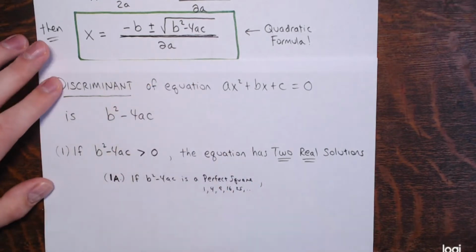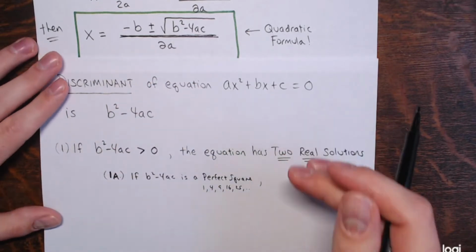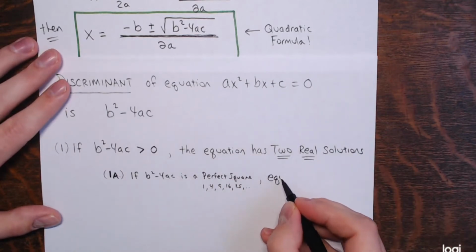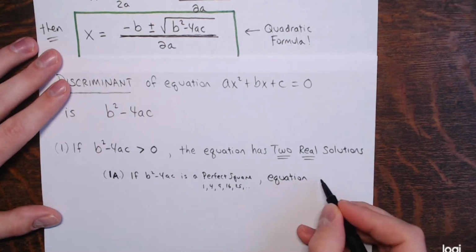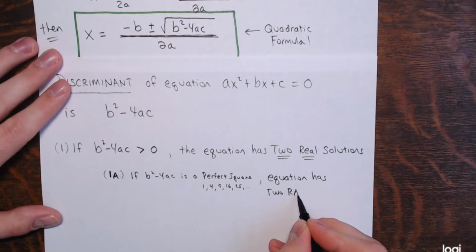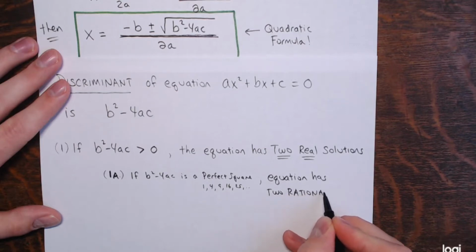You can express the solutions as an integer over an integer. Equation has two rational solutions.